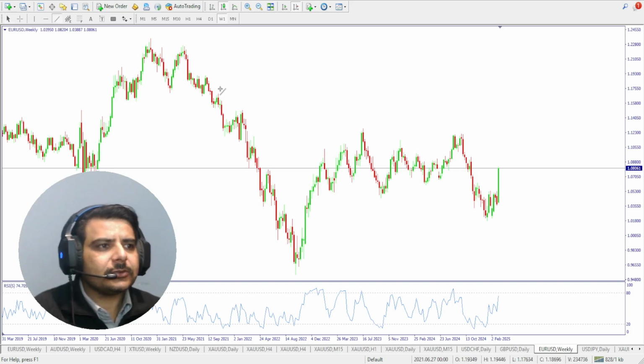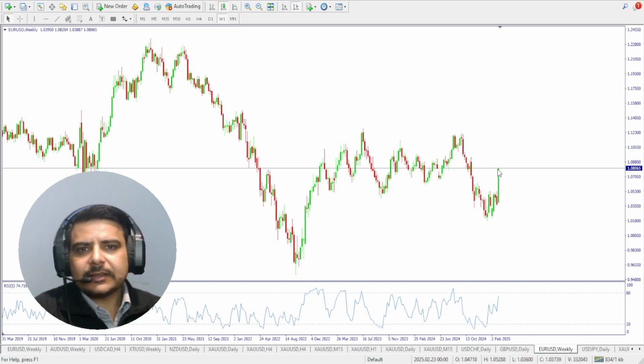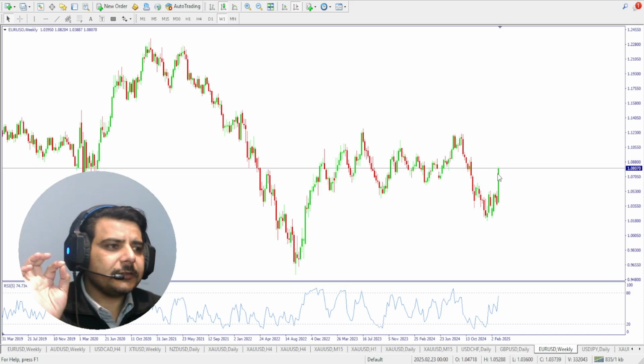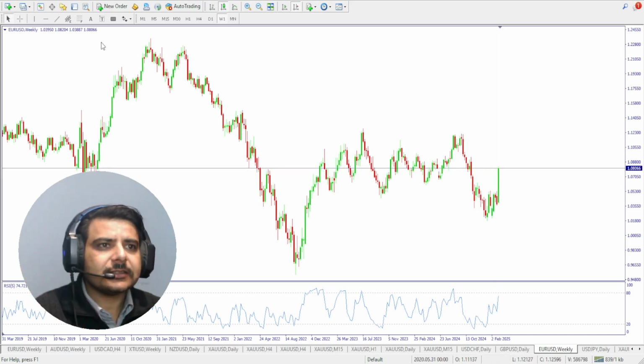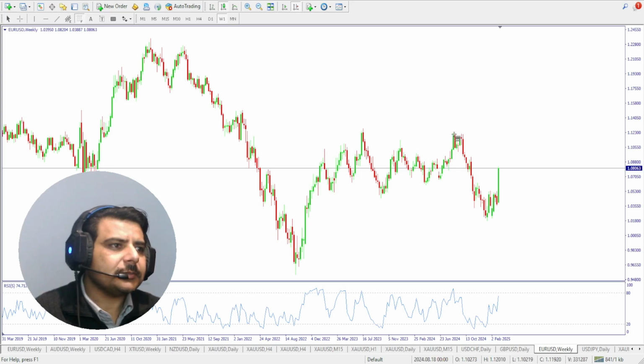Let's also have a look at this beautiful trend line right here, if you see. And so this market right now on a weekly basis is very fantastically to the top side of the market. But in the previous analysis, if you remember, there is one number, and that number is the Fibonacci number.